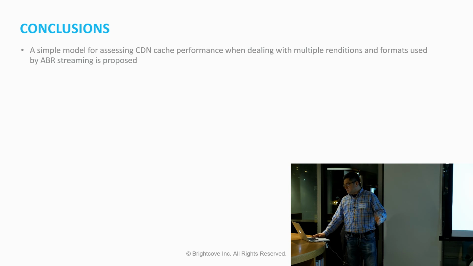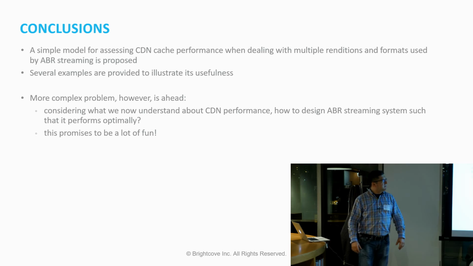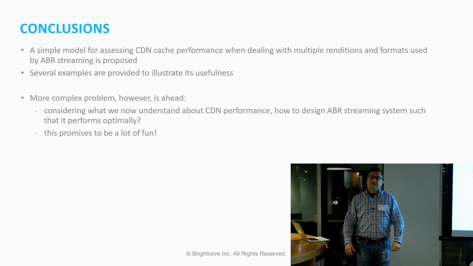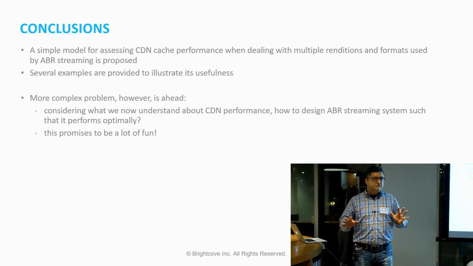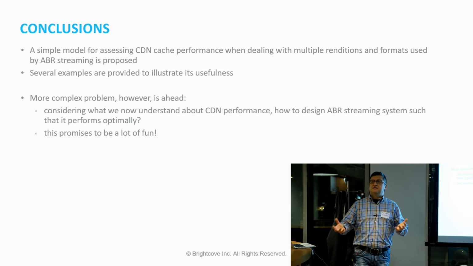Conclusions. Simple model proposed, several examples given, but it's actually, I think, just the beginning. If you remember when I started the talk, I was talking about how ABR streaming was designed to begin with and what the objectives were.